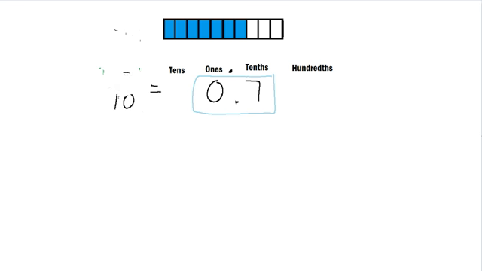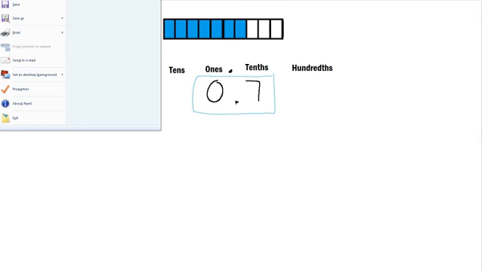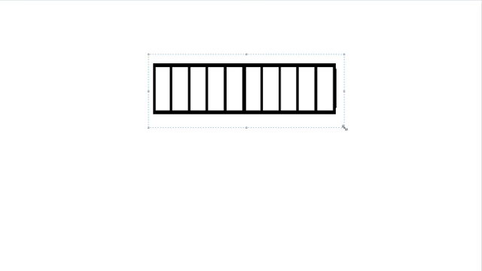Actually, I think it would be easier if I just do new, and I'm going to put this in here and move it to the center, but I want to make it a little bit bigger, maybe even a little bit wider. Okay, and I'll move it back to the center.